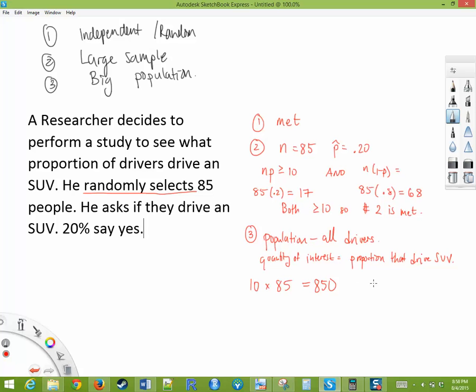Yes, okay. Very clearly we have millions of drivers. Even if we're just looking in the United States, we have millions of drivers. So I don't have to worry about the population not being big enough. So the population is big enough. So number 3 is met, number 2 is met, and number 1 met. Okay, so all 3 conditions are met.